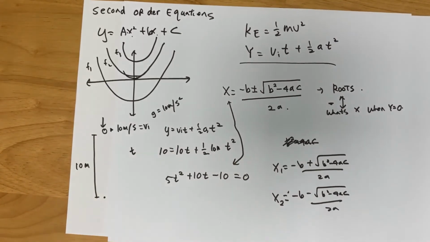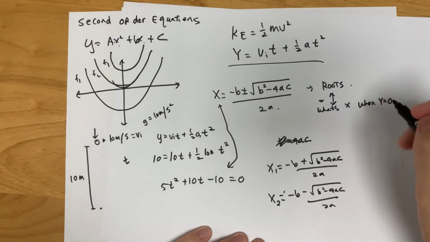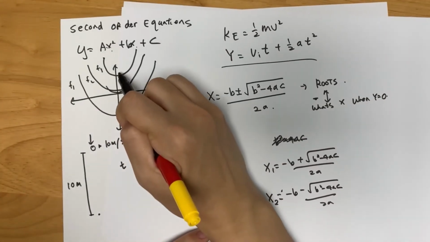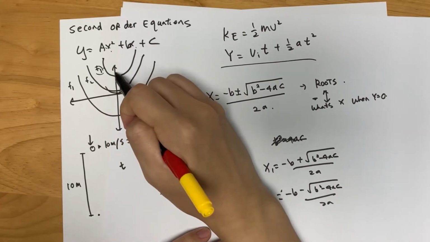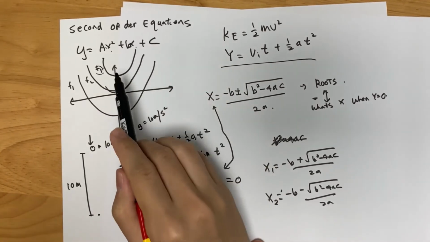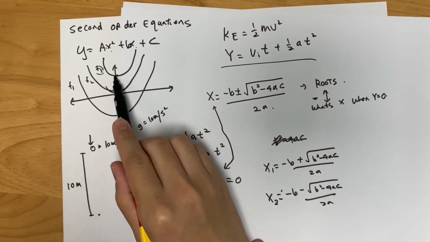So would there always be two solutions? The answer is no. The reason is this. Look at this F3 graph. I call this F3. Does this have a root? Does y ever get to 0?